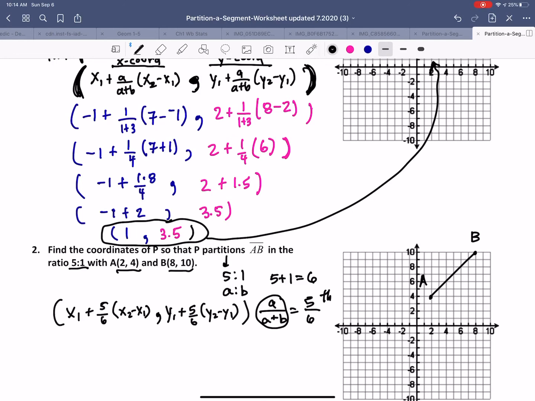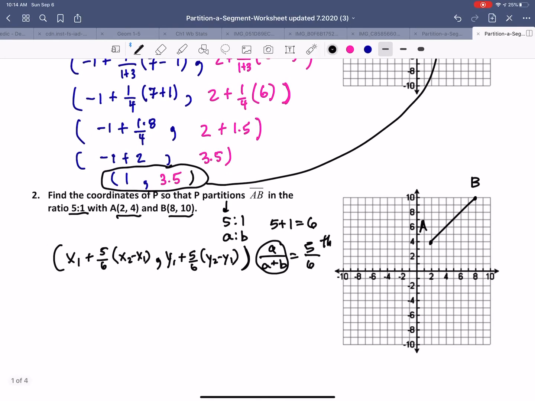And that's going to give me my answer. So here's my x and my y. So I have 2 plus 5/6, and that's 8 minus 2. And y2 is 10, y1 is 4.